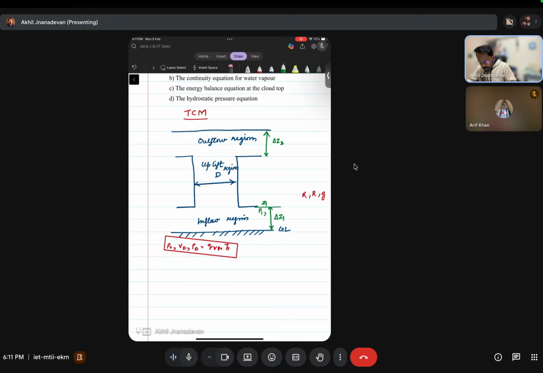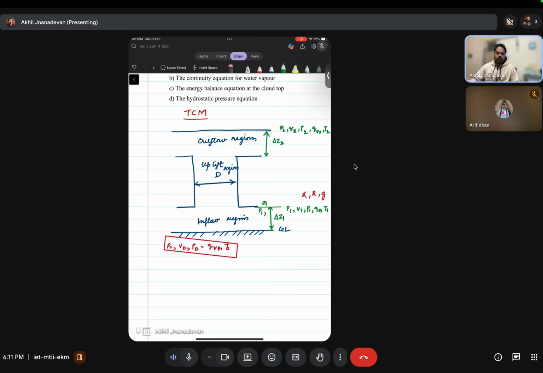At this particular elevation also we can calculate velocity, density, specific humidity and temperature, and at this location as well, if we know them at any particular elevation, given that we know all the lapse rates and all the constants.